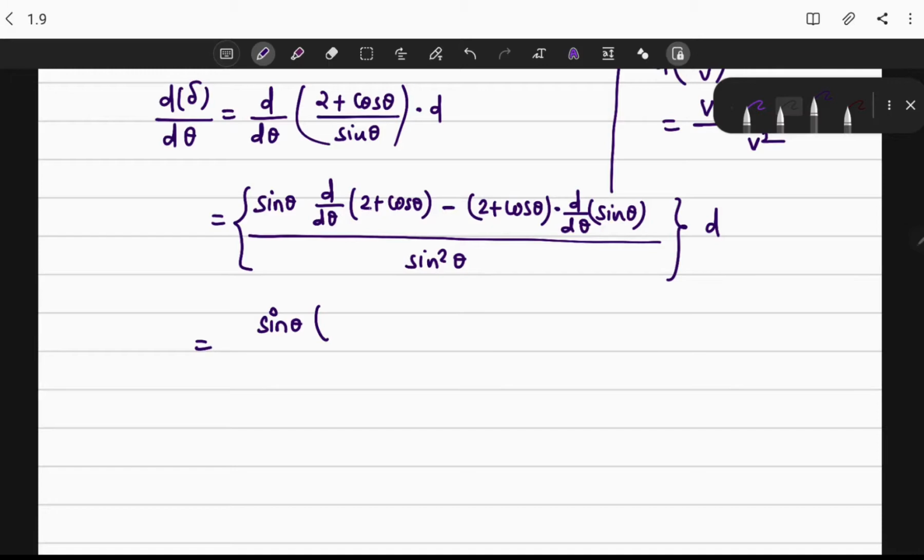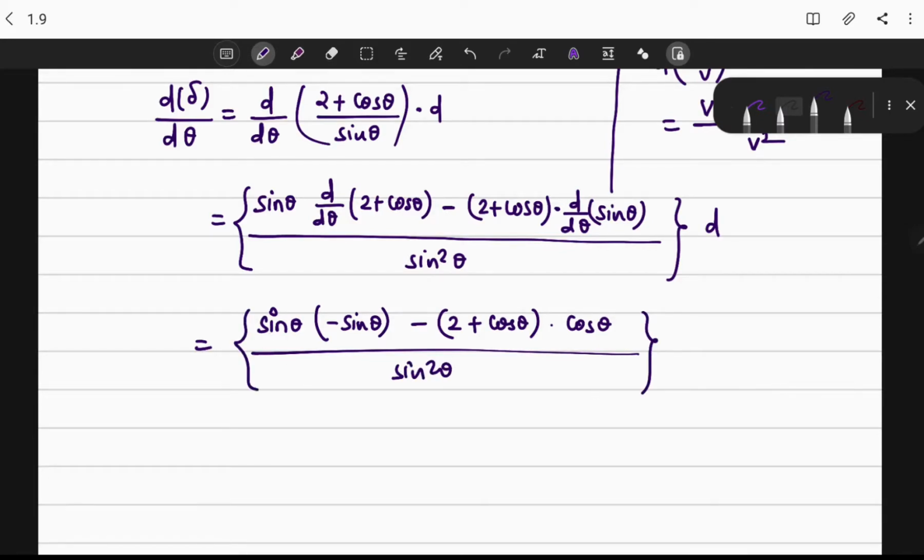Then we differentiate each term. d by d theta of 2 is equal to 0, d by d theta of cos theta is minus sin theta, and d by d theta of sin theta is equal to cos theta, whole divided by sin square theta into d.